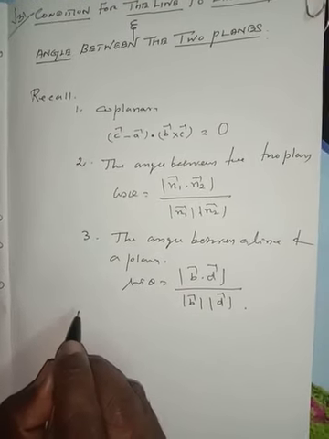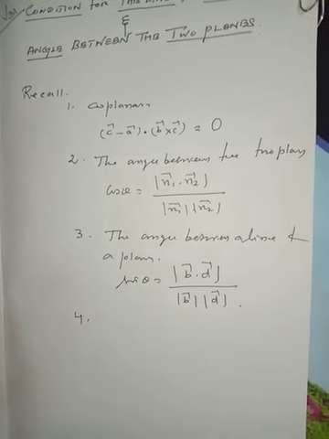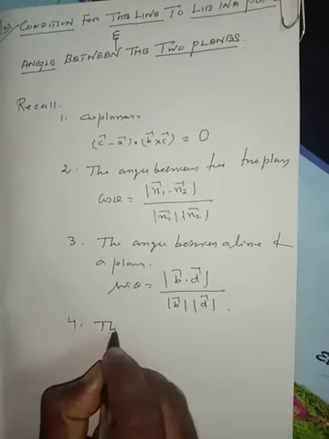Number 4, the distance between the two straight lines.